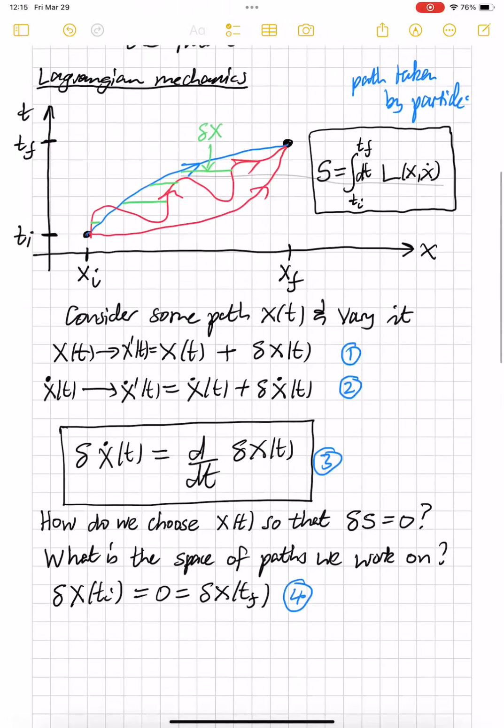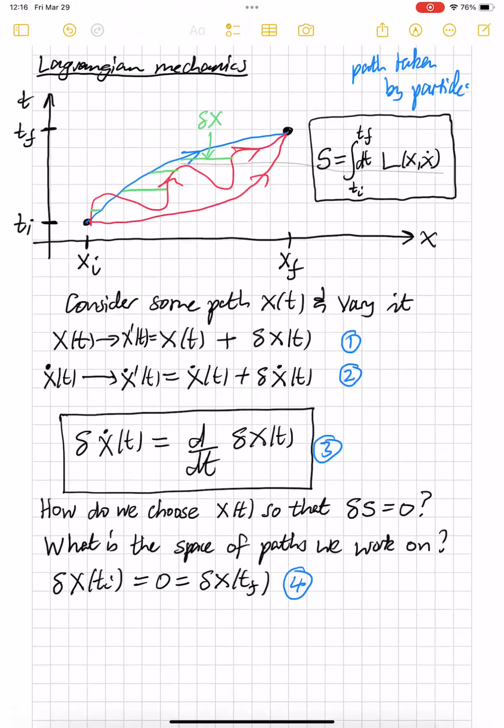We want to calculate what is the change in the action delta S, and then we want to set delta S to 0, because that's the path that's going to minimize the action. Okay, so now let's work out what is the change in the action.